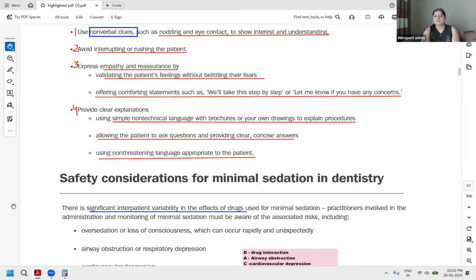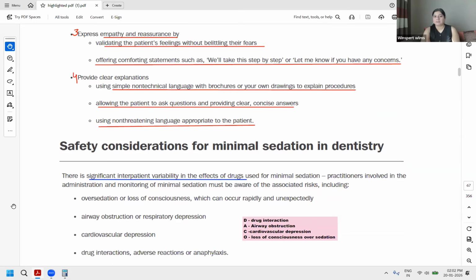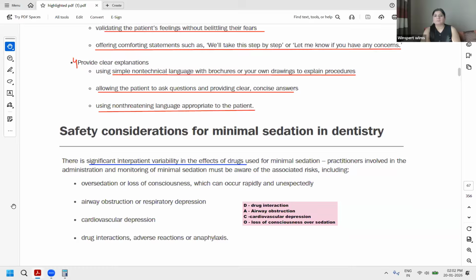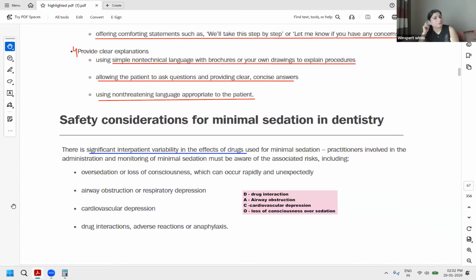Validate the patient's feelings without belittling their fears. Give them clear instructions in non-technical language. Do not use dental jargon. Allow them to ask questions and provide clear and concise answers. Do not use any threatening language for your patients.